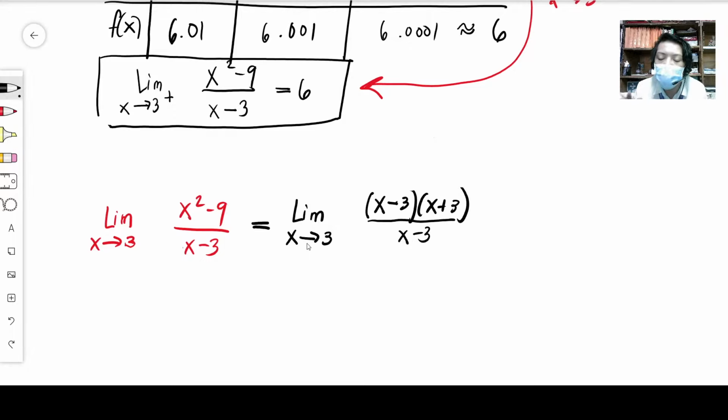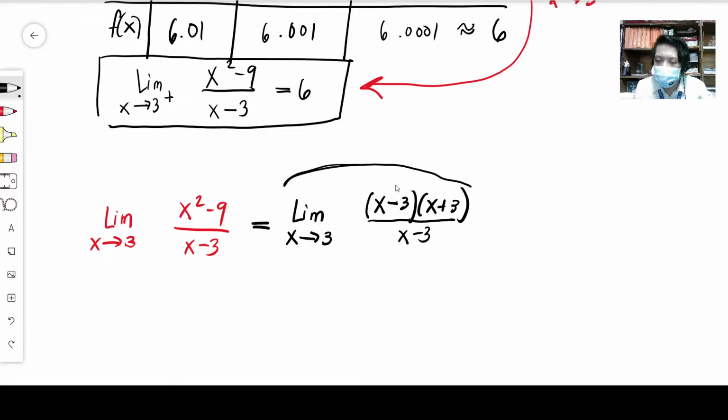And again, I want to reiterate: we drop the word limit only when we substitute. We are not yet substituting on the right side of the equation, meaning the word limit should still be written.